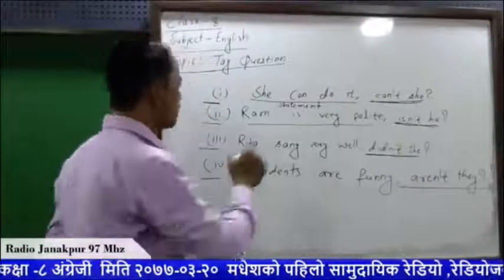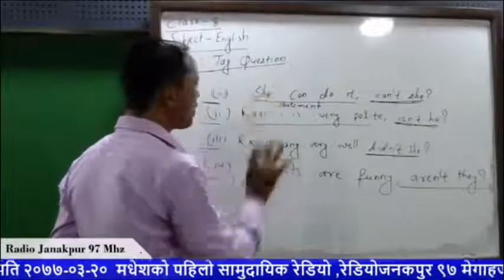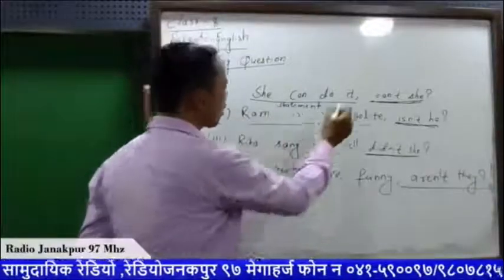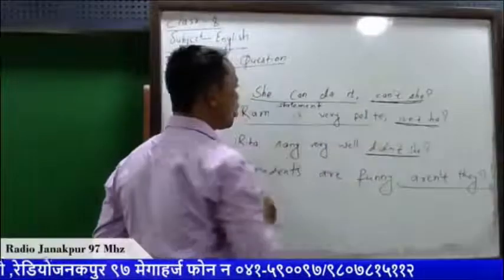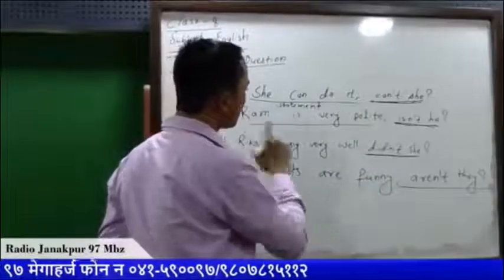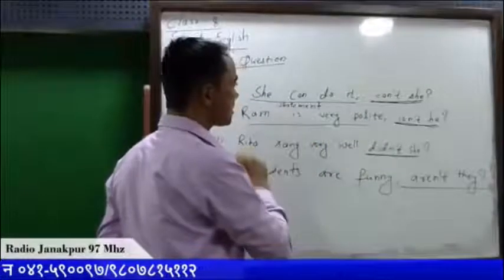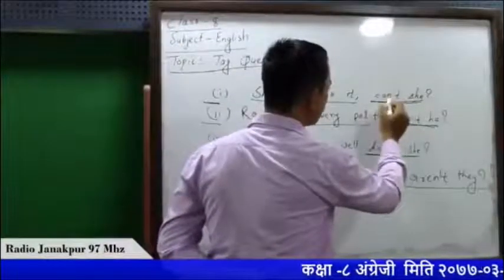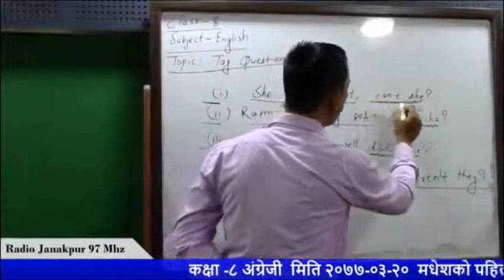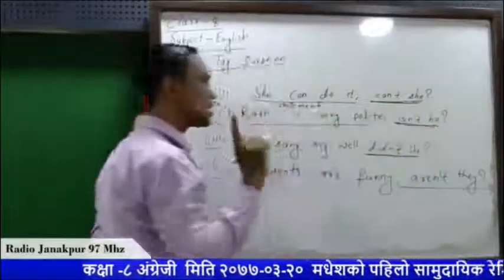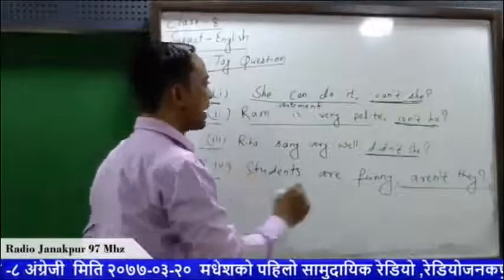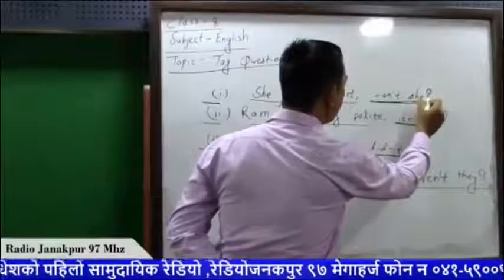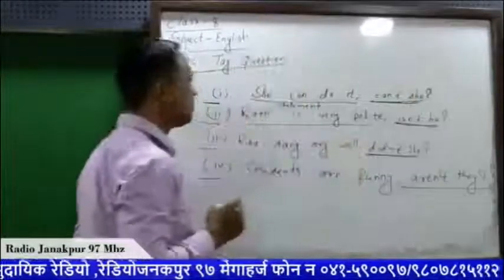Now you can observe 3-4 rules from these 4 sentences. Number 1, that a comma must be added after each statement. Number 2, all the letters in the question tag must be small letters, and question mark should be added at the end of the question tag.